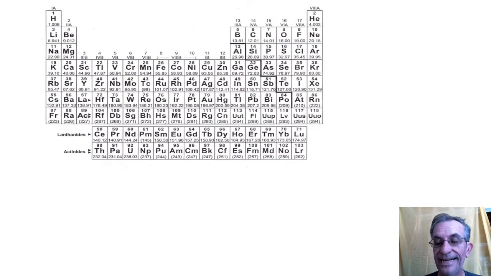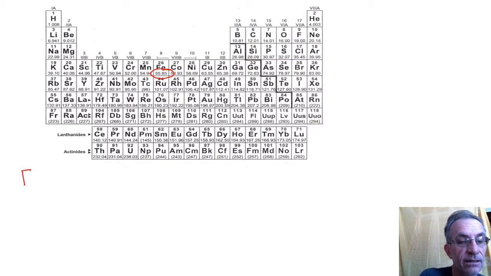Okay, so to see how moles relate to other ideas, we actually need to go back to the periodic table. You might remember in the last set of videos, we talked about this number underneath the symbol, for example, for iron. It says 55.85 there. And what I told you in lecture 11 was that when you look at that number for iron, that is the weight of an iron atom.